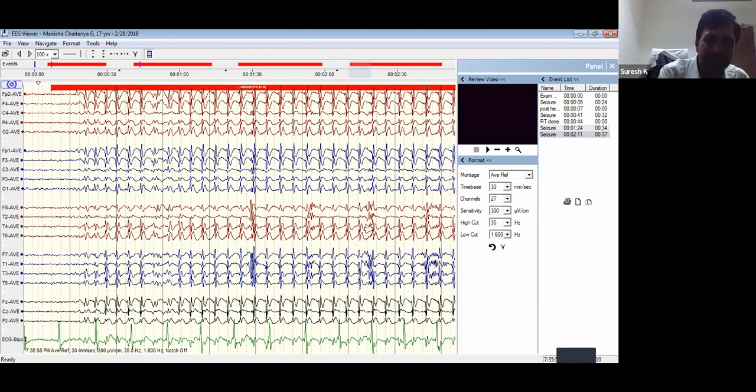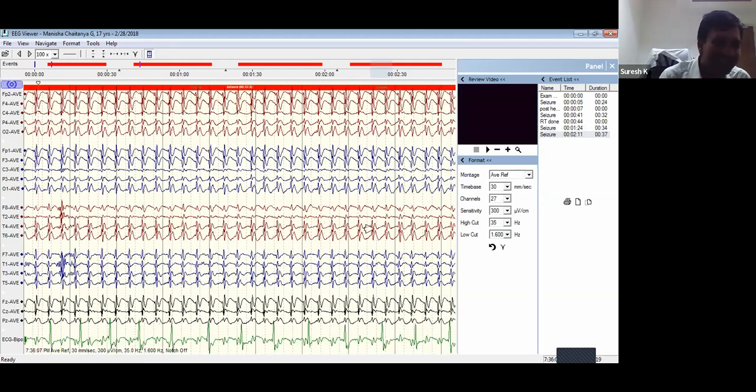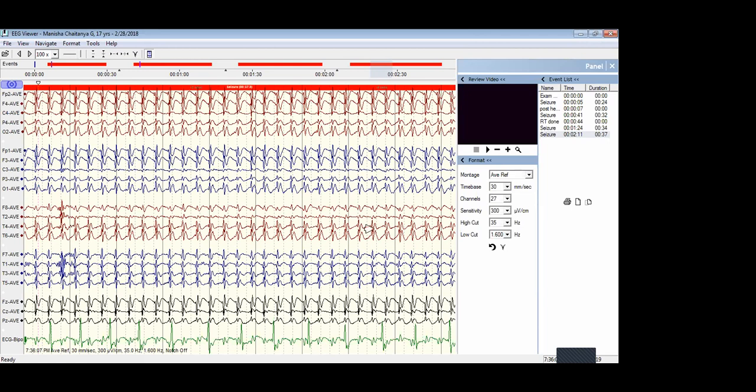But we don't have any other thing to think of. When you see a 17-year-old having long, very frequent absences, it is likely to be juvenile absence epilepsy.